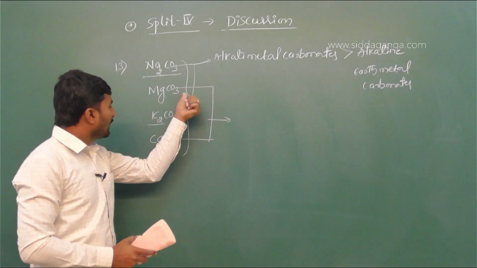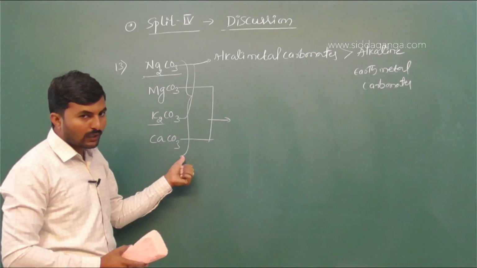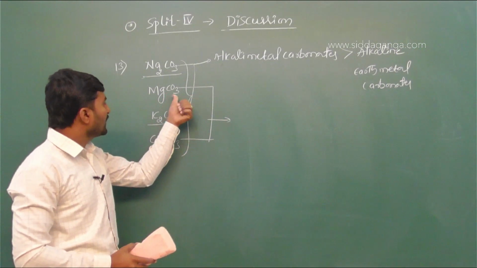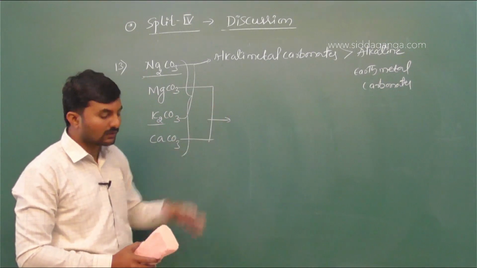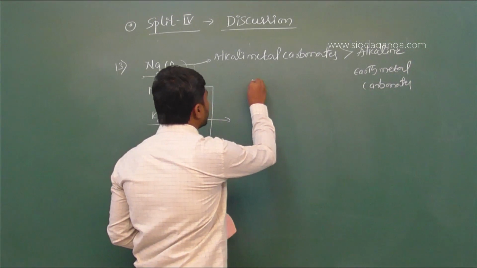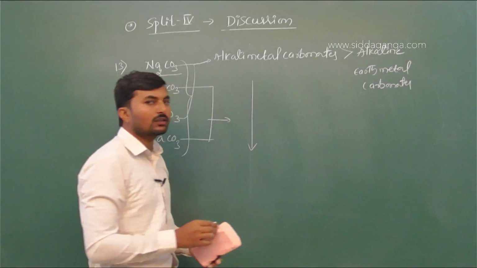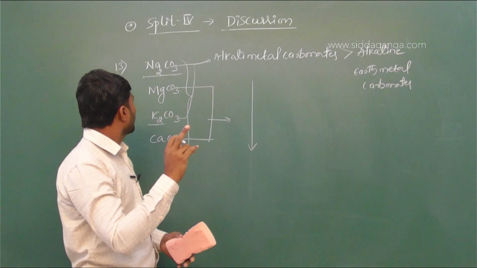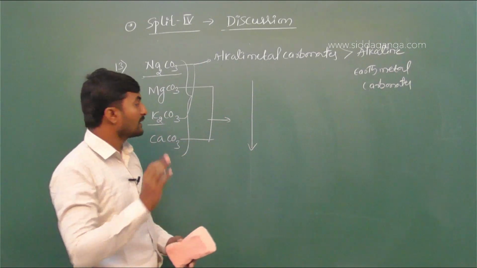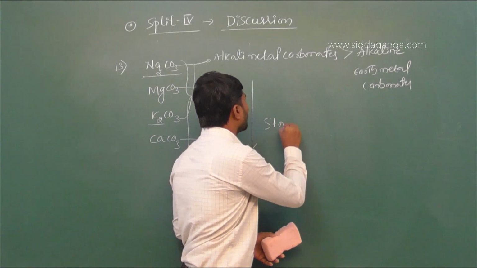And when we compare magnesium carbonate with calcium carbonate, what happens here? The stability of alkaline earth metal carbonates increases down the group.